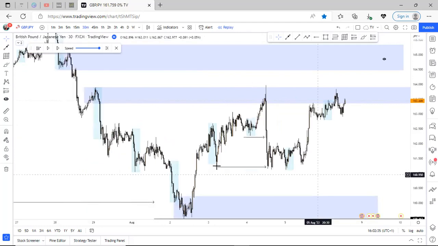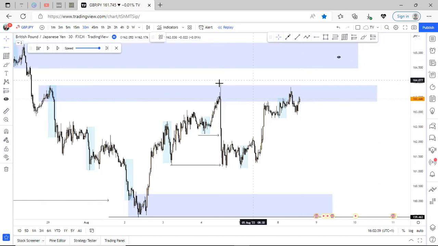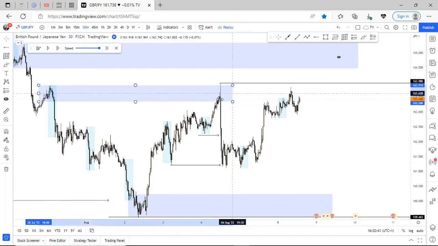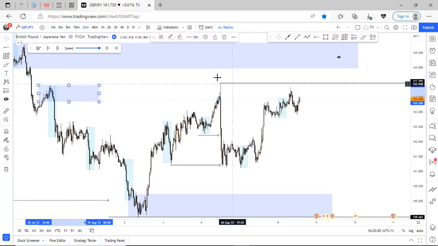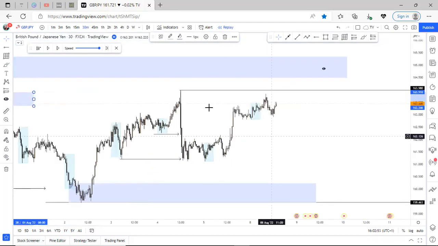So having this in mind that we've broken this structure, this now becomes our last high. And if this high is not broken above, that means our short is actually confirmed, okay? This high mustn't be taken out if we are to push lower.